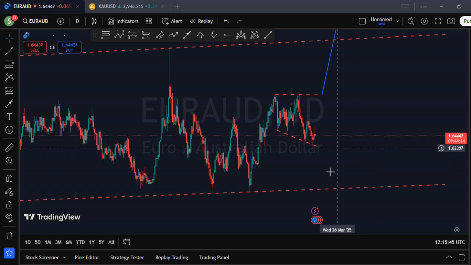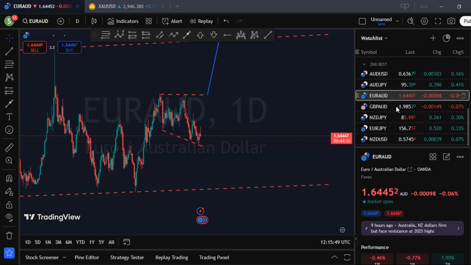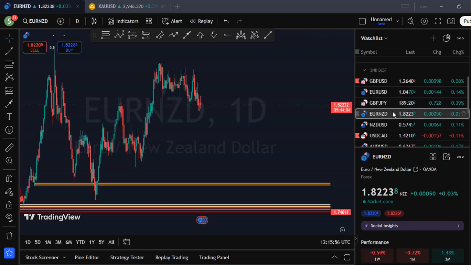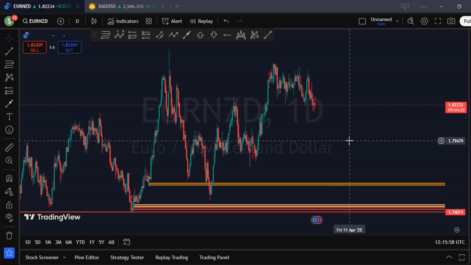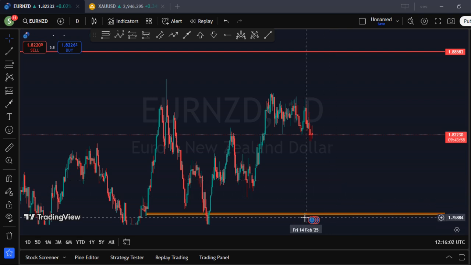Moving on to the next pair, which is Euro NZD. There we go. So automatically, guys, you can see I have this line marked already.